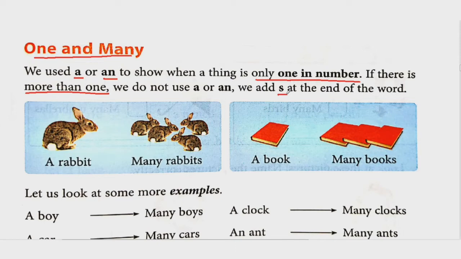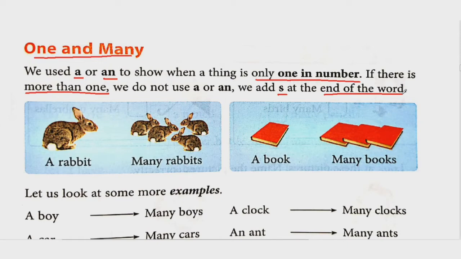But if the things are more than one, अगर कोई चीज़ एक से ज़्यादा है, then we do not use a or an. तो आप क्या यूज़ करोगे? We will use s at the end of the word. उस word के end में आप s यूज़ करोगे.